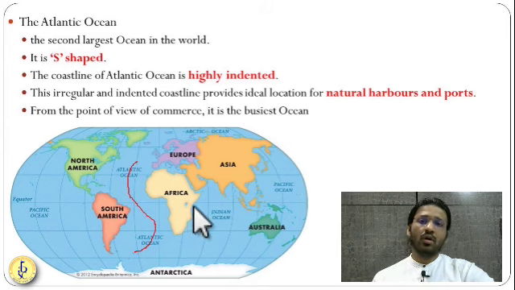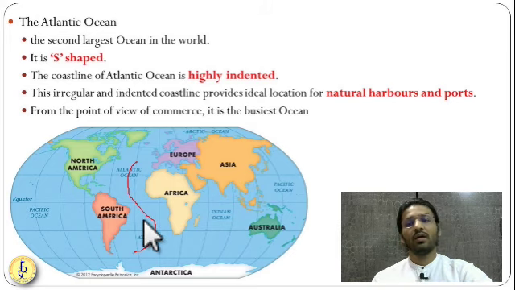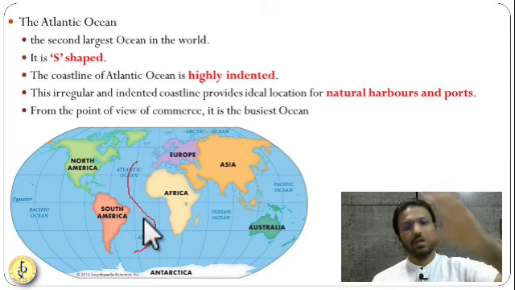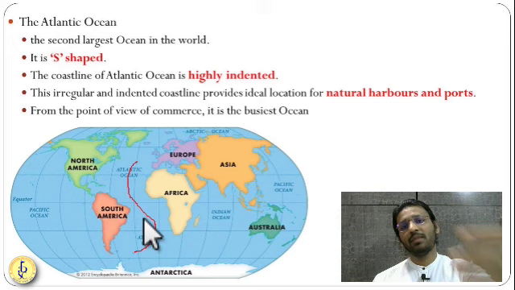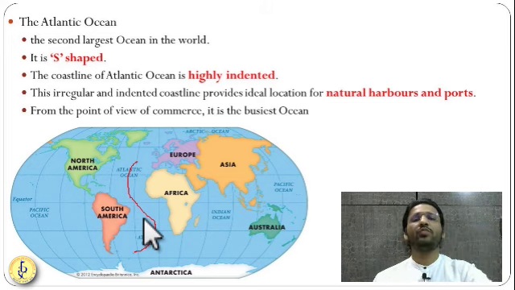Now the coastline of the Atlantic Ocean is highly irregular. It is not very regular because it is made up of lava, so it has been eroded by the oceanic water, and the way it was made during the breaking up of the continent, it has become very irregular. So it is highly indented.